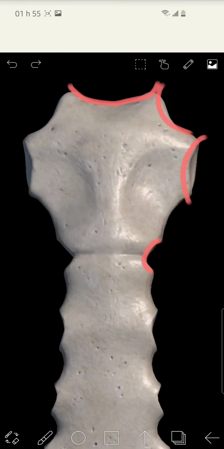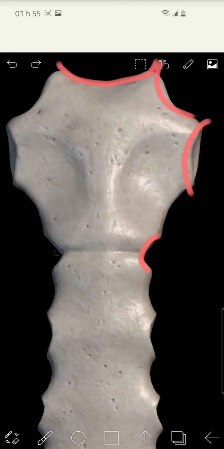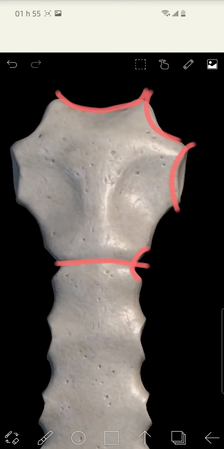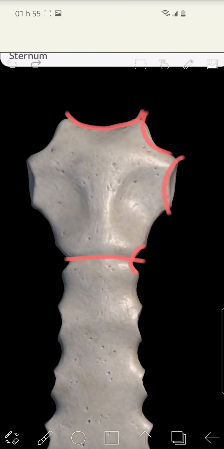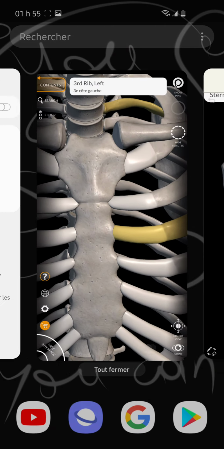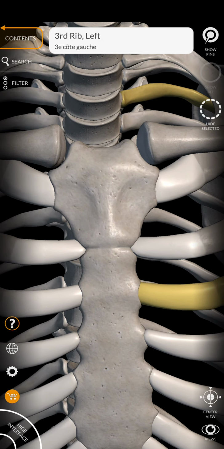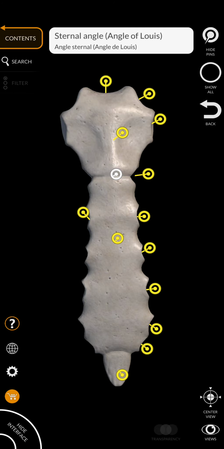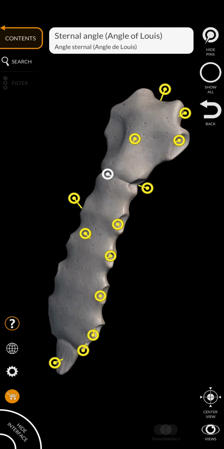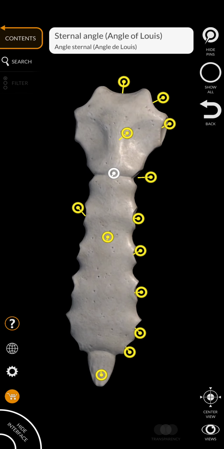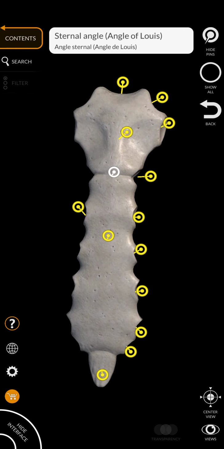And then we have a very important part, which is the junction between the manubrium and the body of the sternum. This junction is called the sternal angle. Gonna isolate it again. So here you go, sternal angle or angle of Louis. Why is it important? First of all, this angle is palpable. You could actually feel it underneath your skin.